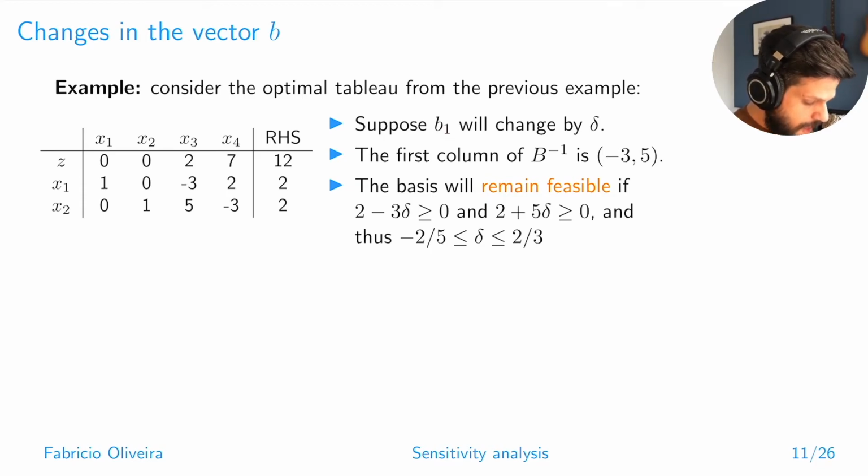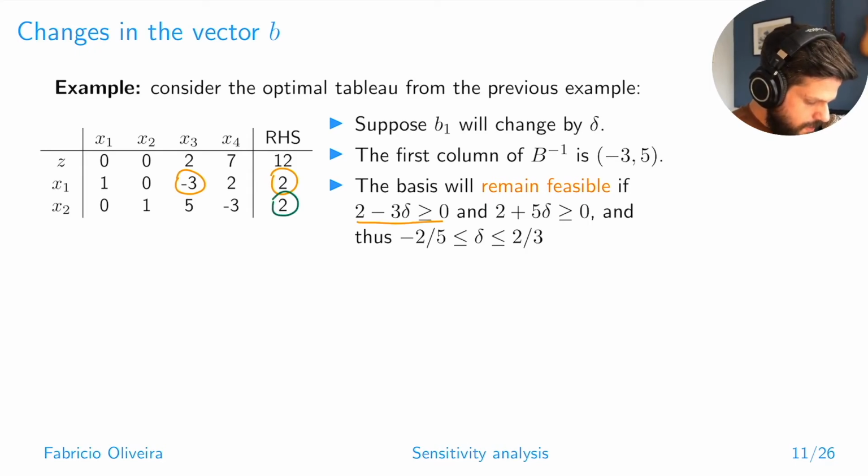So basically, what I'm doing is looking at this plus this times delta greater than or equal to 0. And so let me put this. So this times this plus this times delta greater than 0, which is here.